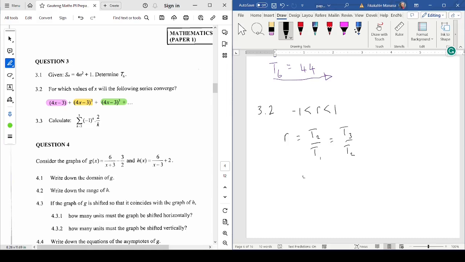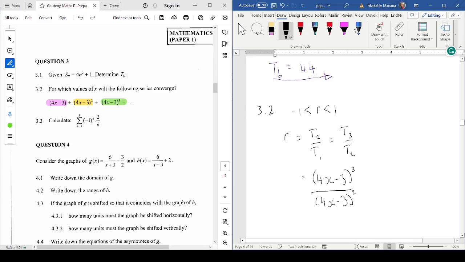Let's, for argument's sake, take this one, T3. So what's T3? It's 4x minus 3 in brackets to the power 3, divided by T2, which is 4x minus 3 to the power 2.